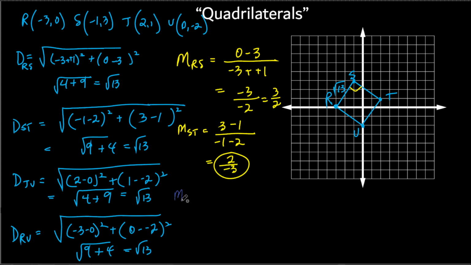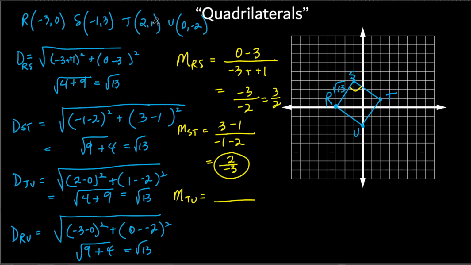All right, so the slope of TU. So let's do TU. We got this down now. 1 minus negative 2. Let's just do that in our head. What's 1 minus negative 2? Minus a negative is plus, isn't it? So it would be positive 3. No, I guess I should have written it down.